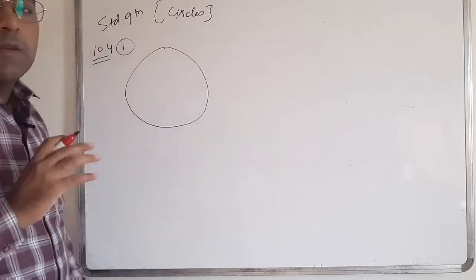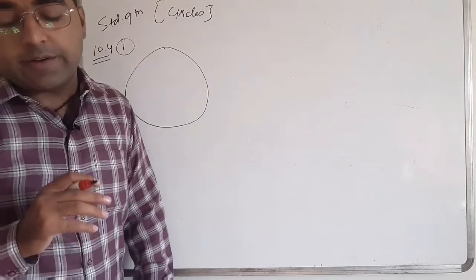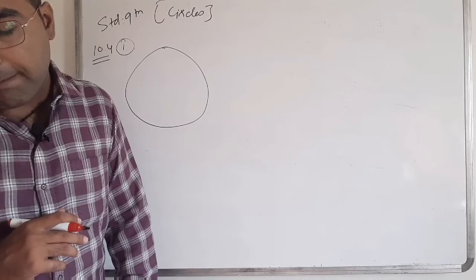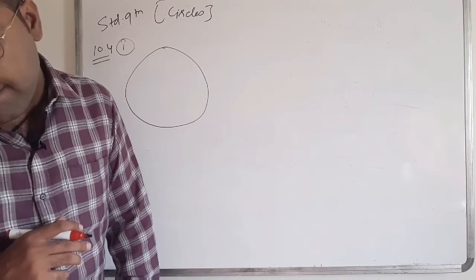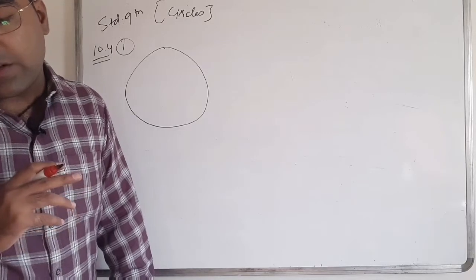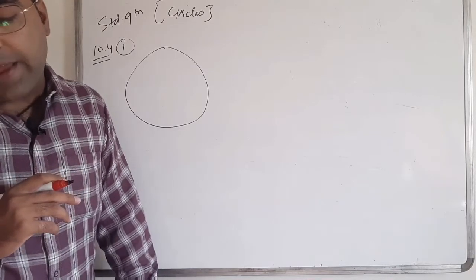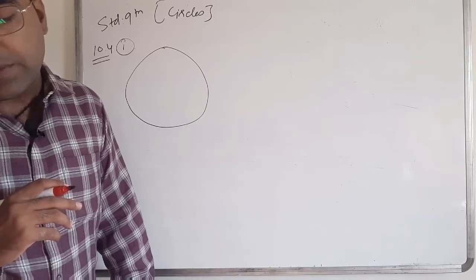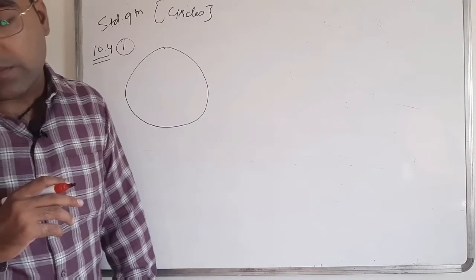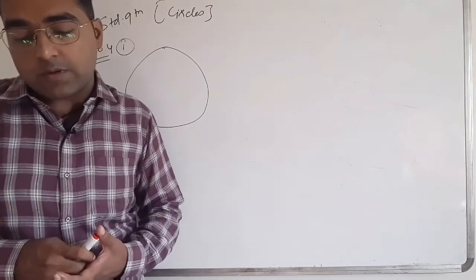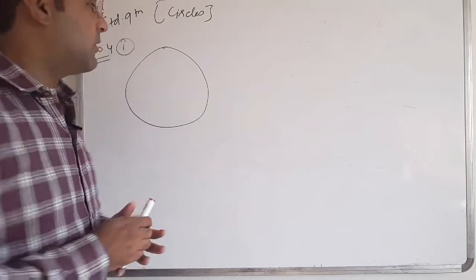Okay, this is the bigger circle, and it has the radius 5 cm, and the other has 3 cm, and they intersect at two points, and the distance between the centers is 4 cm.